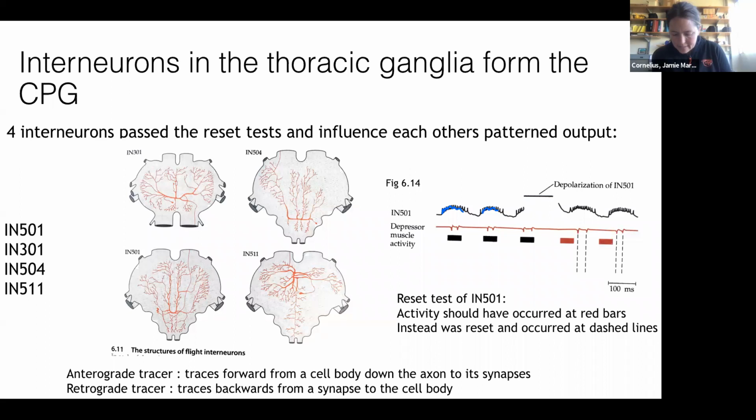And what you can see is that instead it's shifted to be later. Those dashed lines represent how much it shifted, where it shifted to relative to the red bars where it should have. So you can see that we successfully reset the rhythm, which means that 501 must be part of the central pattern generator, and it can therefore change the output and the rhythm of the central pattern generator.